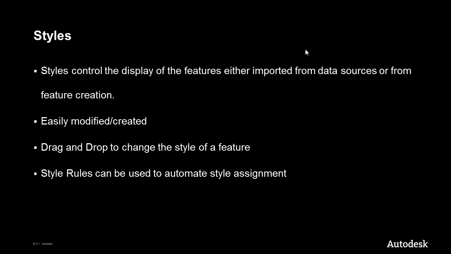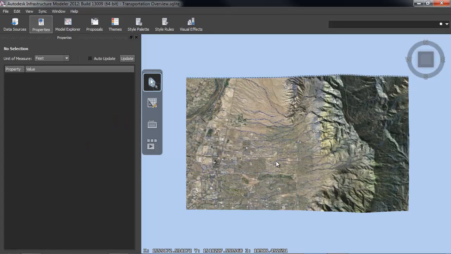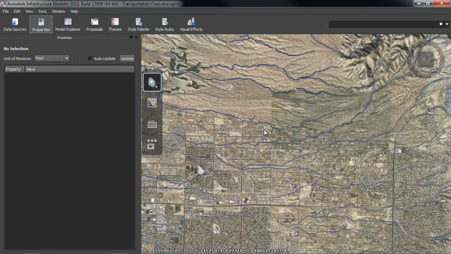And you can also use the style rules to automate style assignment, and that's basically using the attributes to define how something will be stylized. So let's move back to Infrastructure Modeler and go back to our intersection here.